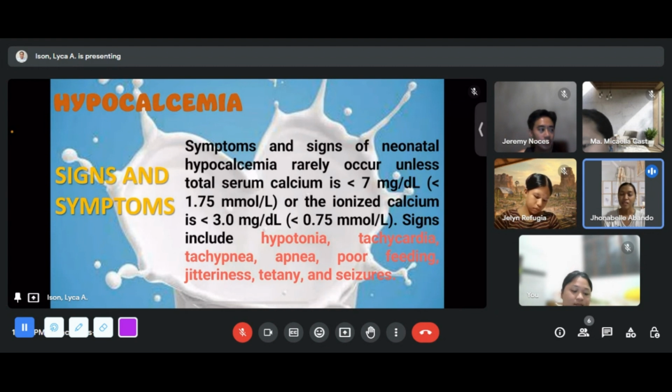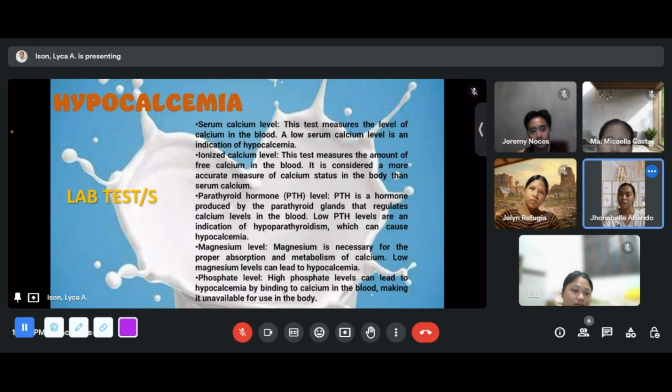So, the causes is premature neonates with low birth weight. And same as the medications such as furosemide and phenytoin.